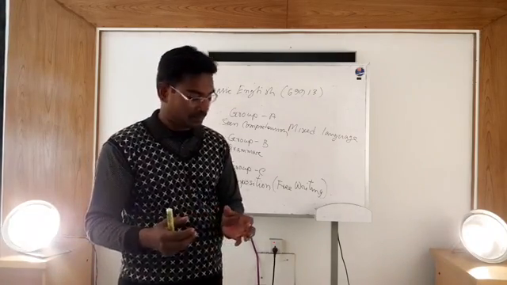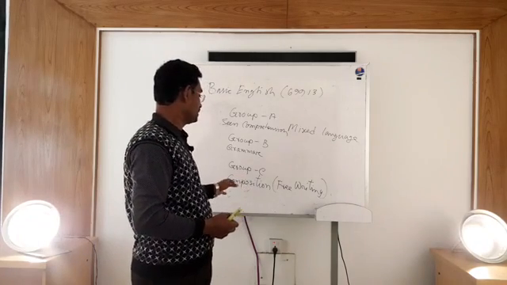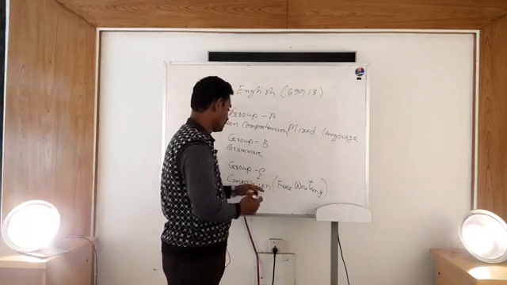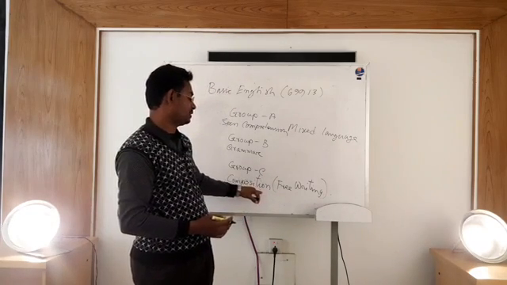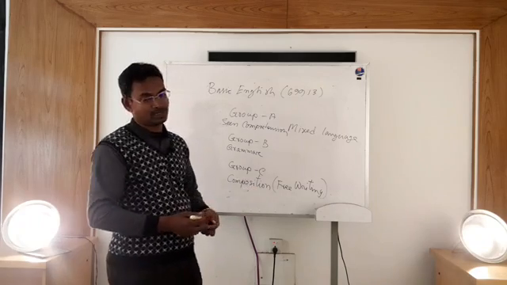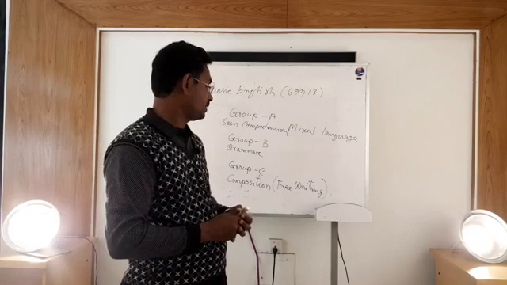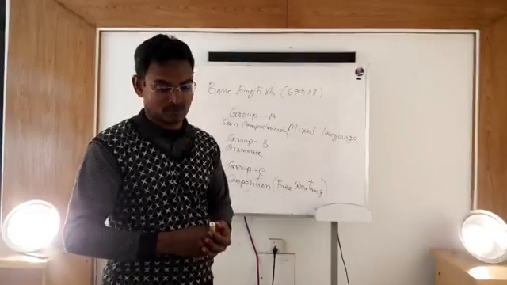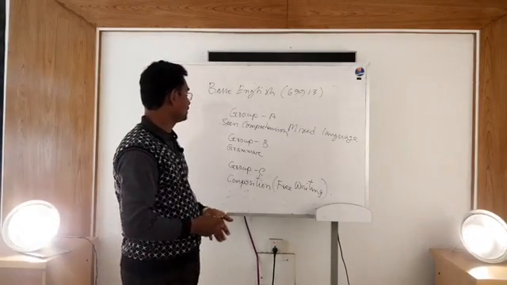These are the types of questions you will get in Group C, and here you will get an option. 5 or 6 questions will be selected for the exam, and you have to answer only 4 or 5 questions out of 5 or 6 questions. Dear student, this way you have to take preparation for Basic English.